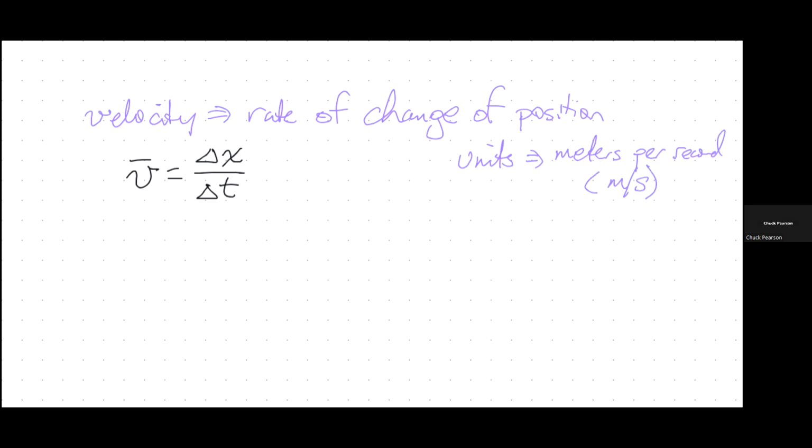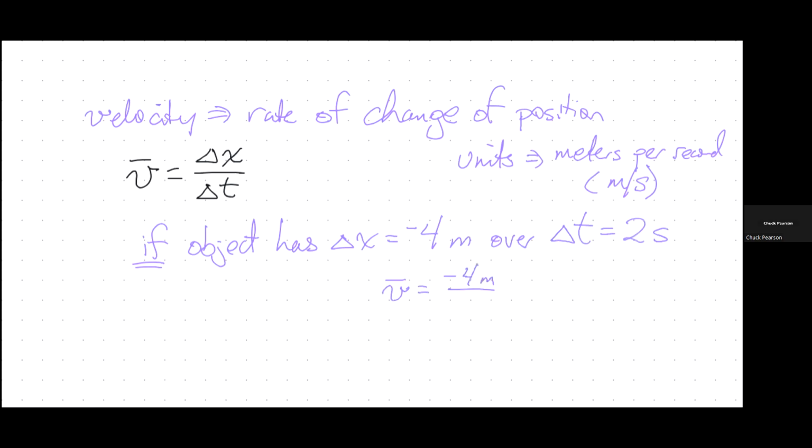And we can tell our number line stories very effectively and tell how our object, with -4 meter displacement over a time of 2 seconds, that our average velocity is going to be -4 meters over 2 seconds, -2 meters per second.